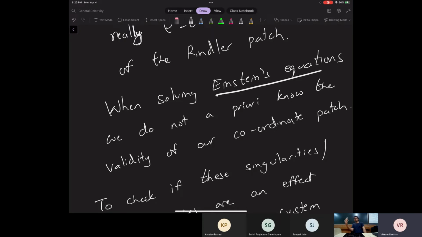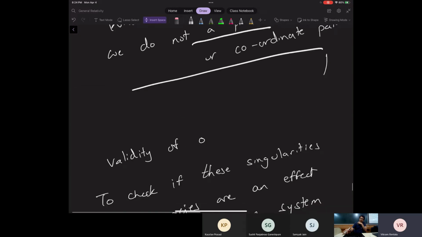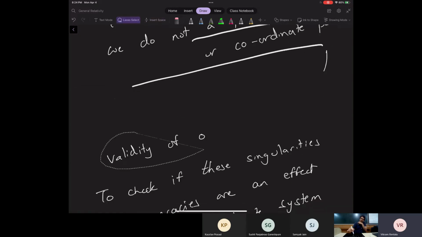But once you make that choice, you don't a priori know that your coordinate patch can be extended over the entire manifold. Even though you started with a solution at r equals infinity, with some t, r, theta, phi coordinates, you don't know that you can extrapolate these to cover the entire manifold. So this is a problem: at 2GM you have some trouble extrapolating your solution.